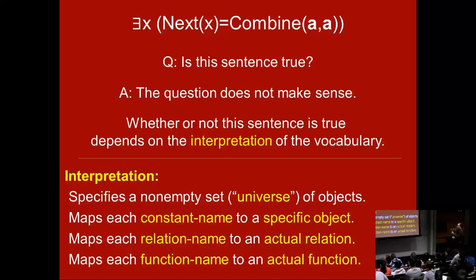And it mapped the relation name is-smarter to the actual relation, if this even makes sense in real life, which I guess it doesn't, whether or not this person is smarter than that person. This is a confusing part, so I want to give some examples that I hope will clarify it. Any questions before we get to the examples?